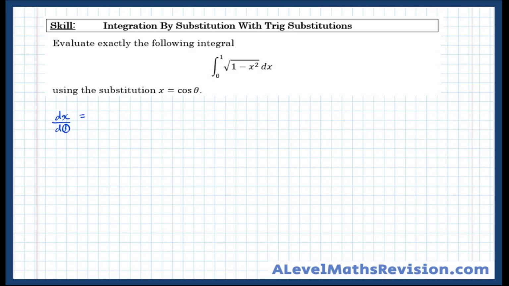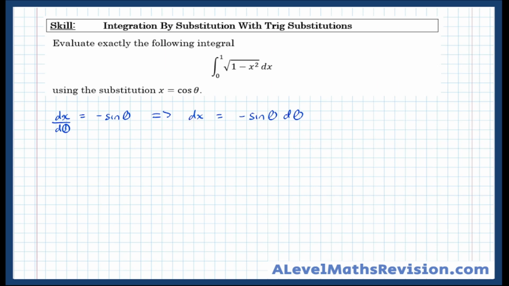The differential of cos theta is minus sine theta, which means that dx equals minus sine theta d theta. So when we let x equal something, the rearrangement is much easier. It's just one step to get it to say dx equals.